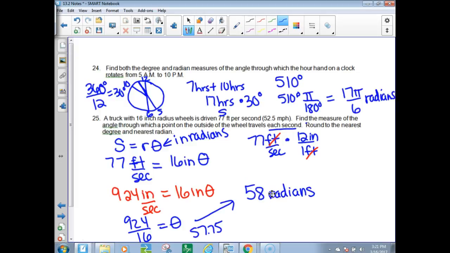So how are we going to change to degrees? We're still going to have to use the proper conversion factor. We want degrees on top. So our conversion, 58 times 180 over pi. And that's going to give us theta in degrees.